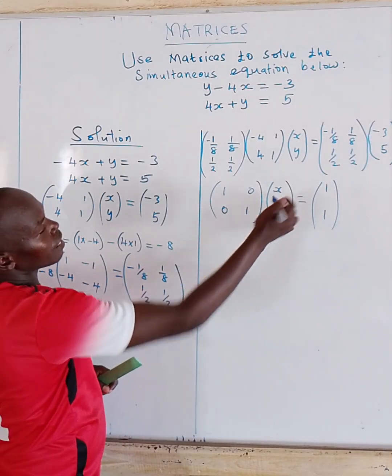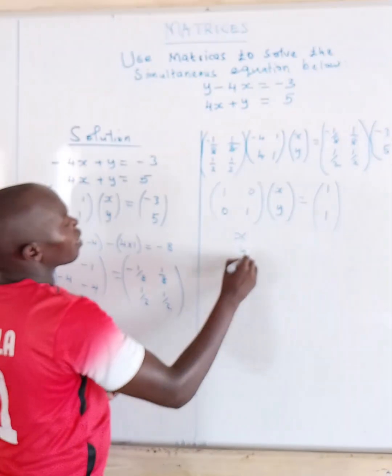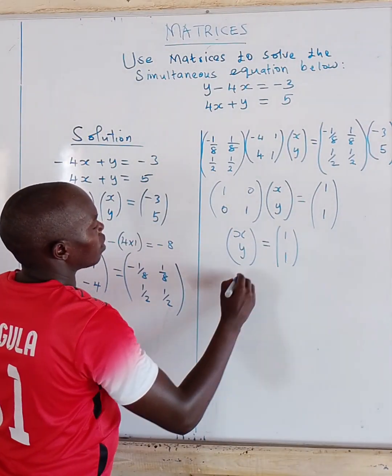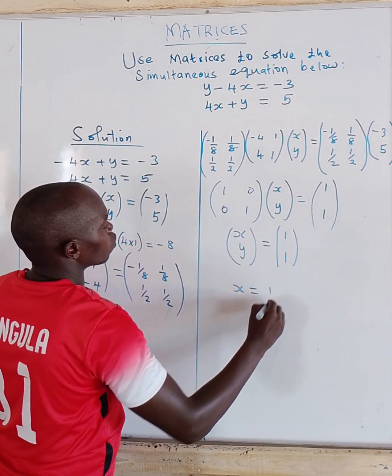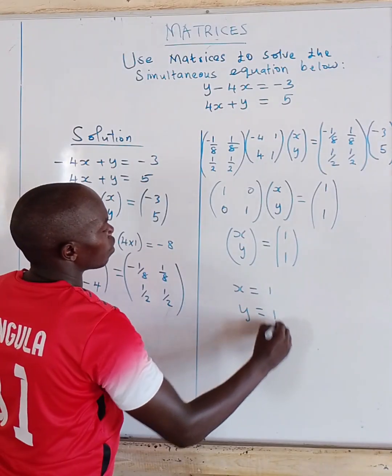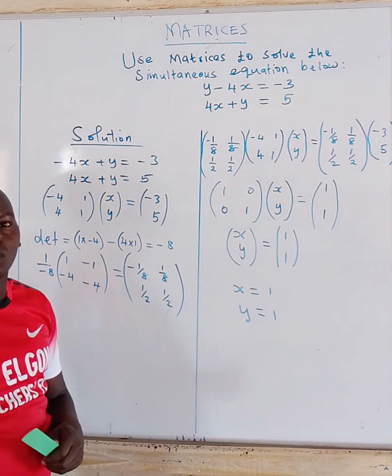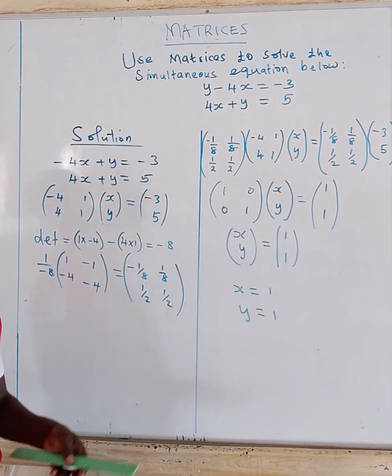So 1 times x, y will just give x, y is equal to 1, 1. Therefore, the value of x is 1 and the value of y is 1. And we have solved the simultaneous equations using the matrix method.